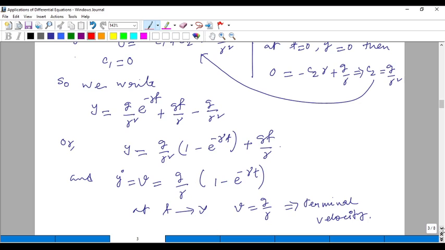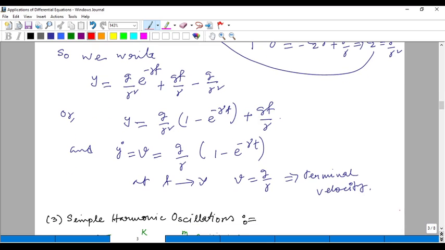So one interesting situation in this case is that the body is falling under the influence of gravity and in the presence of air resistance, that is from a frictional force. After a long time, that is if we consider t equal to infinity, then this velocity becomes constant, that is v equal to g by gamma.